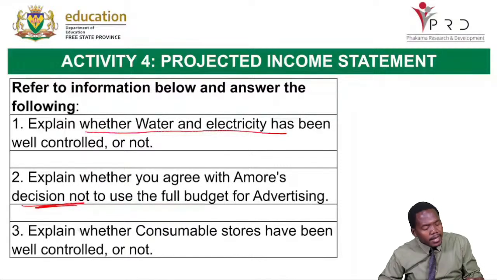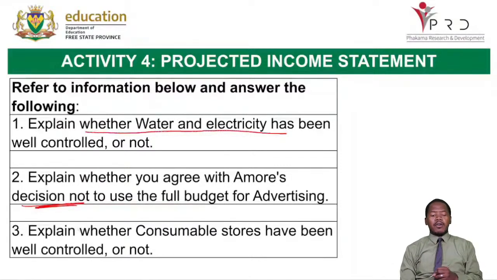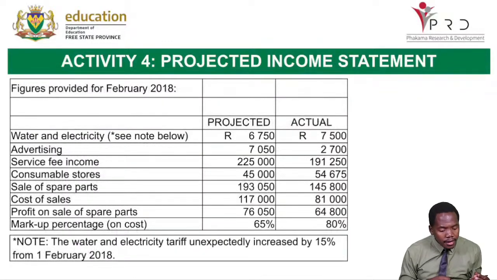Also, explain whether the decision not to use the full budget for advertising was a good decision or a bad decision. And then comment on the consumables to say whether they're well controlled or not well controlled. So these are the figures given to us for the projected or the budgeted as well as the actual.